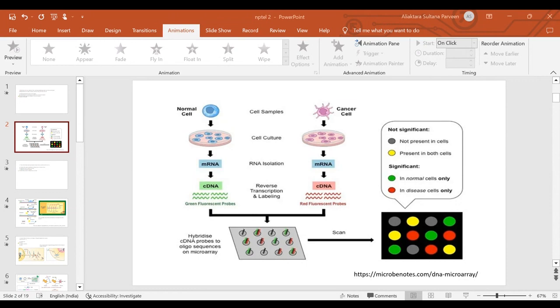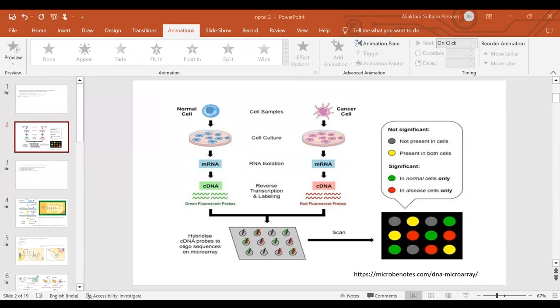Each spot already has a sequence of cDNA present for an individual gene. When you add these fluorescent tags, they bind to the complementary strand, and that's how they give one signal.